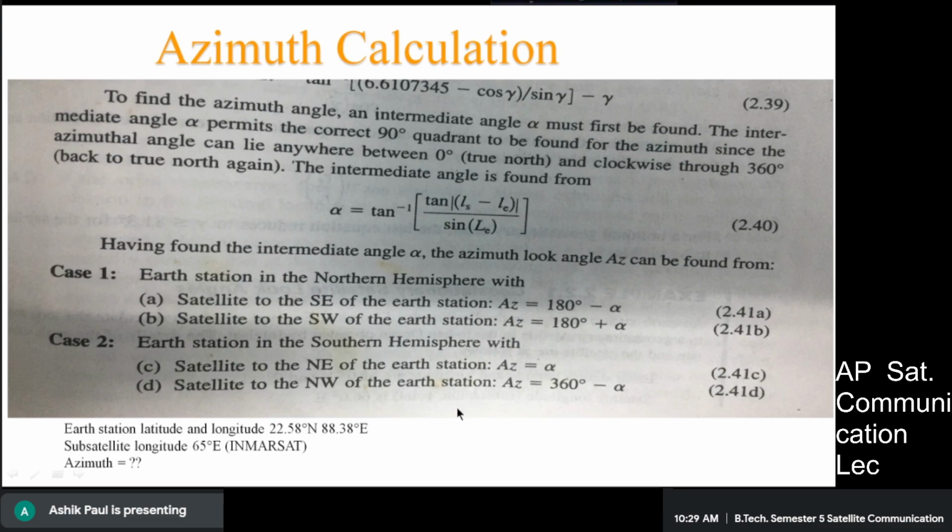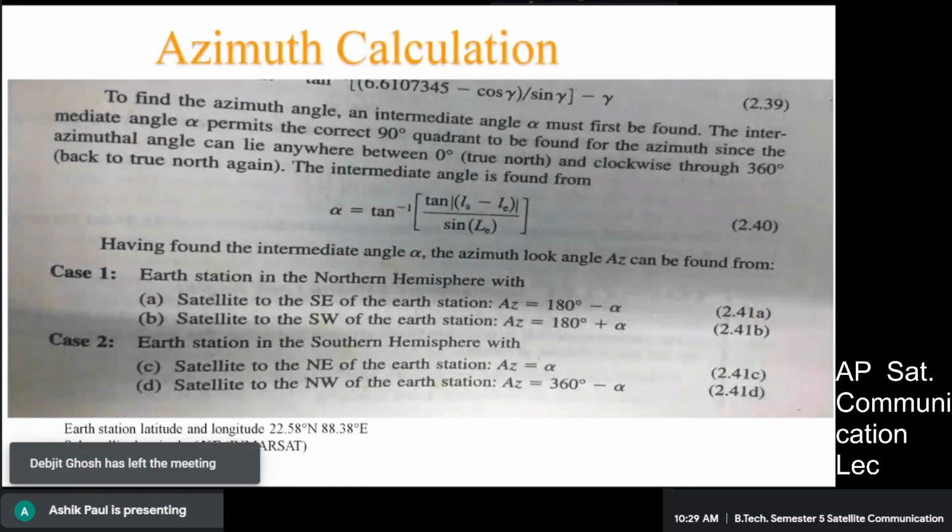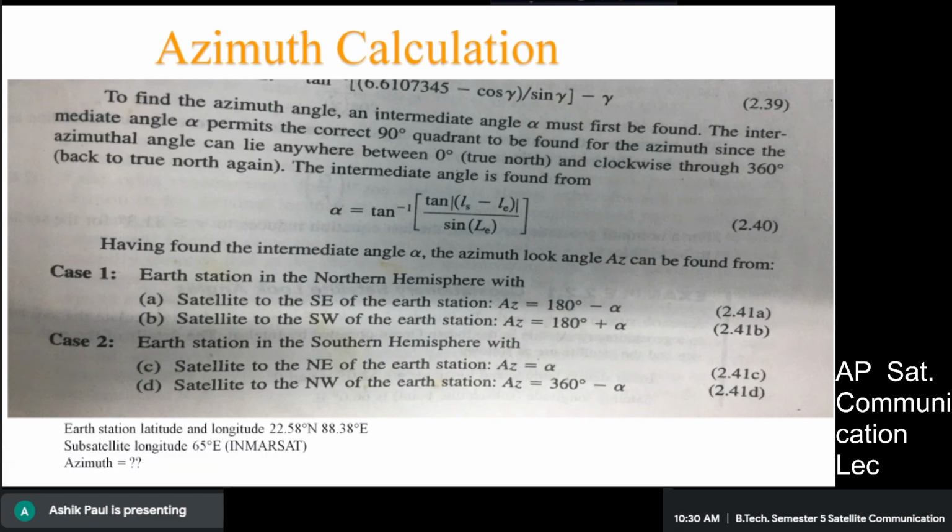So now, could you quickly calculate the azimuth for that same satellite? You have already calculated the elevation. So now please calculate the corresponding azimuth angle. So 231 degrees. Let's hear the others. What value do they get? 228.796. 228.7.